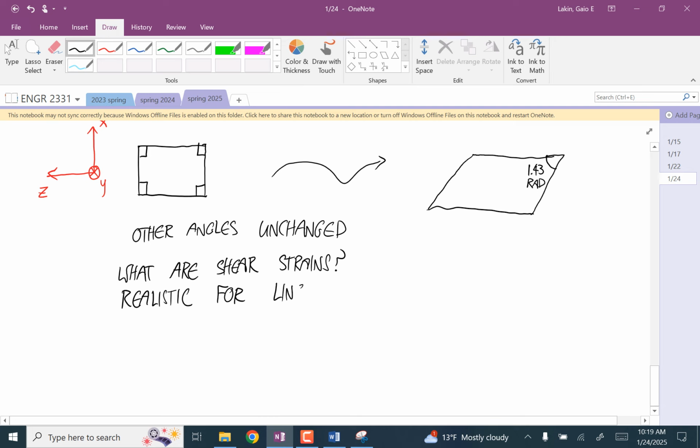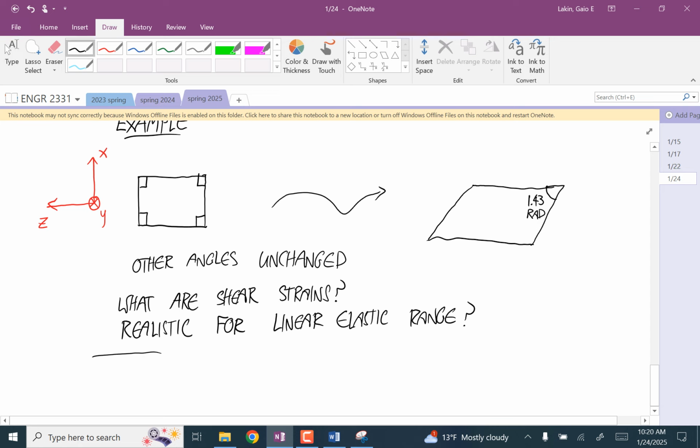For the linear elastic range, okay. All right, well, we're looking at this in a funny way.